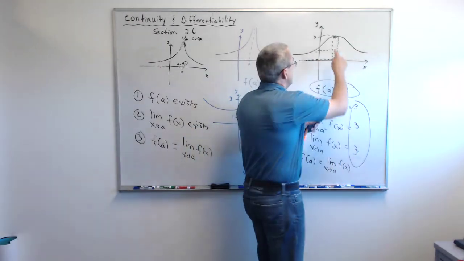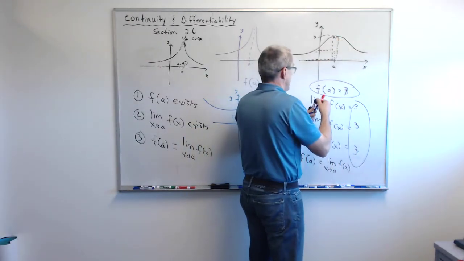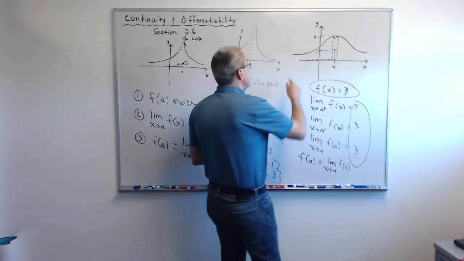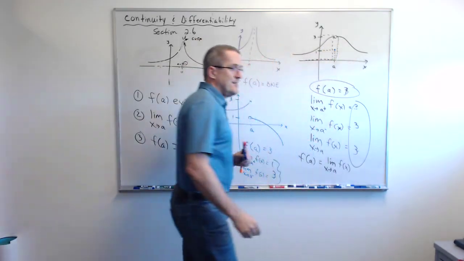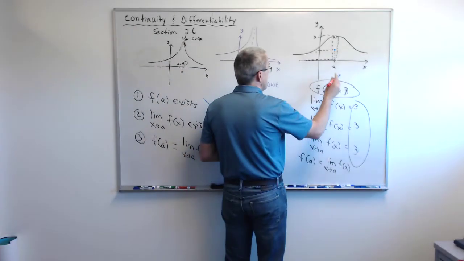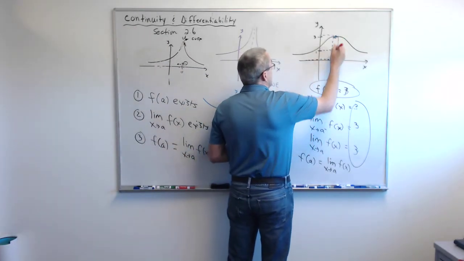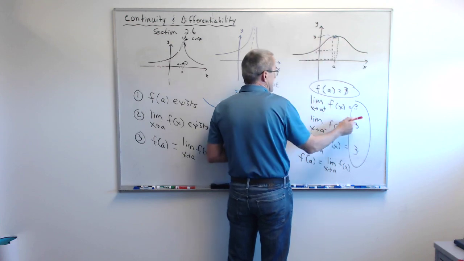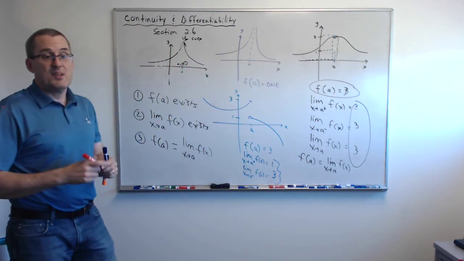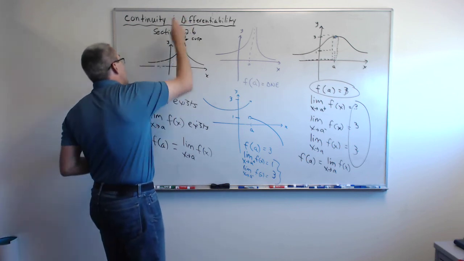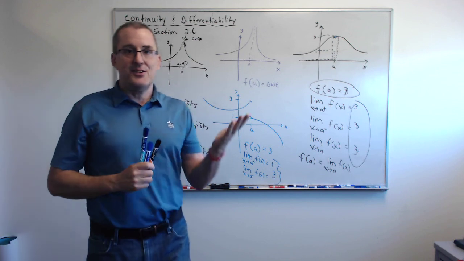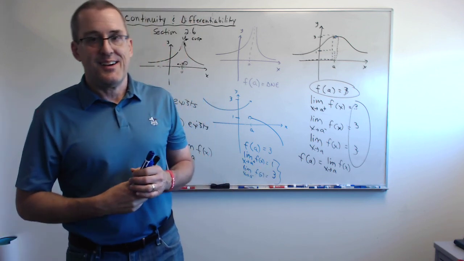This function, going back to this version, is continuous everywhere except at a. In order to show continuity everywhere, we would have to have this situation where f of a exists, the limit as x approaches a exists, and those two things are exactly the same. Then we have continuity and we have differentiability. So there you go. There's a continuity, differentiability recap.